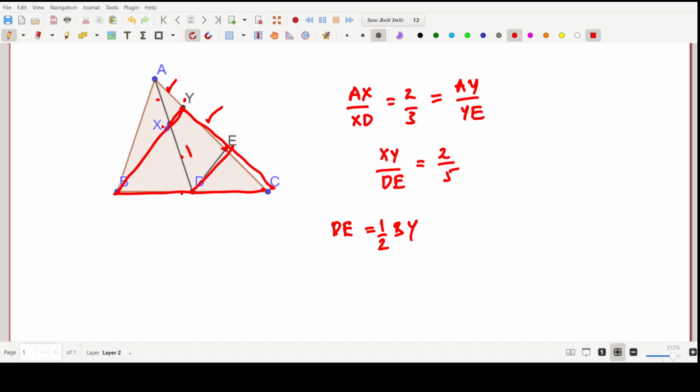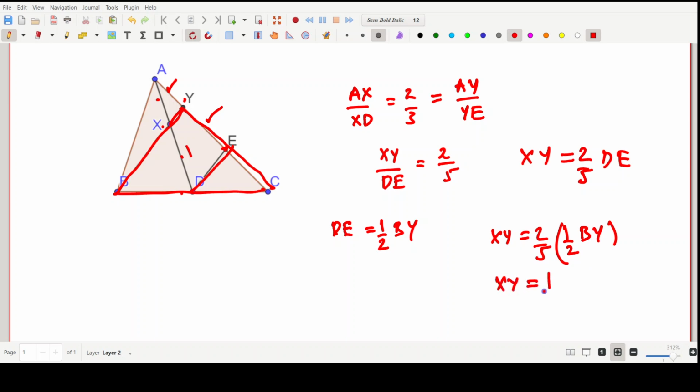Now, at the same time, XY is 2/5 of DE and DE is half of BY. What does that mean? XY is 2/5 of DE, and DE is nothing but half of BY. This means XY is 1/5 of BY.